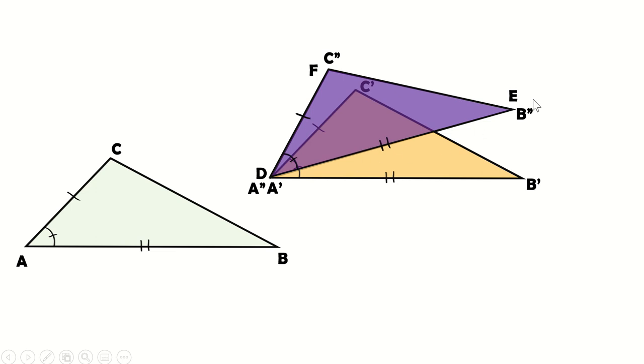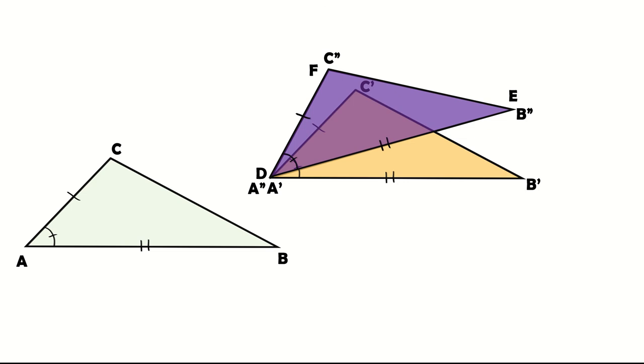All that we know is that they're pointing in the same direction. But one of the questions that we don't know is, is point B really going to lie exactly on top of E? We know that they're pointing in the same direction, but are B and E actually in the same spot? Let's think about it for a little bit.